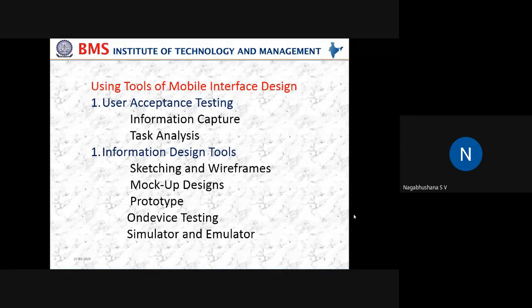Even in the mobile scenario, they do mobile testing, which is basically called user acceptance testing on the mobile platforms. Here, any project or any app that you develop will have different end users.